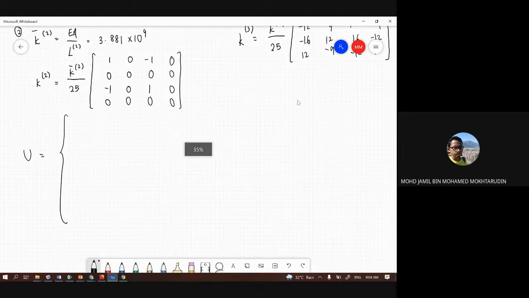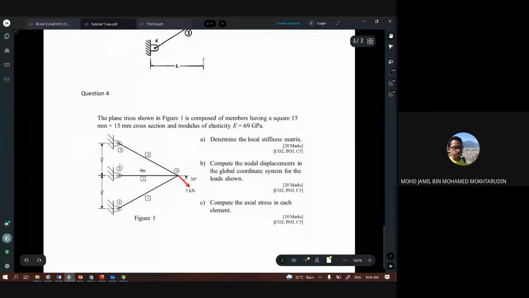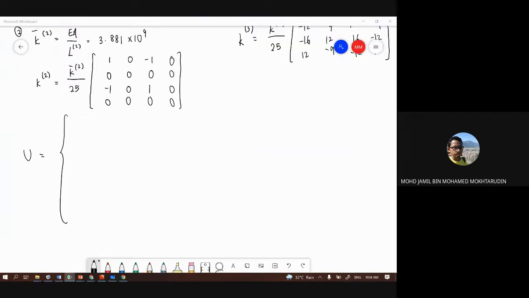So if you look at the question, then node number 1, number 2, and number 3 are fixed. So the displacement at nodes 1, 2, and 3 are 0, except here at node number 4, we have displacement in both directions. So we can substitute the boundary conditions into the displacement matrix.